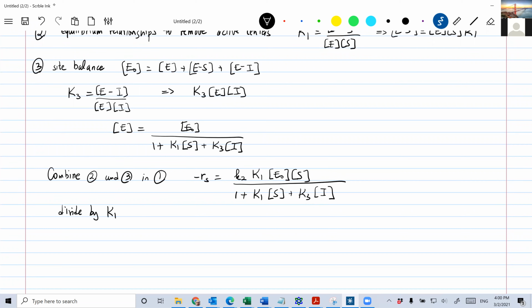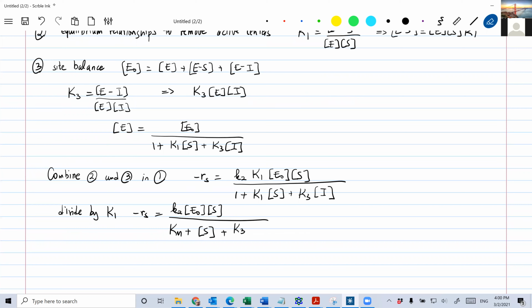So if you divide everything by K1, it's now K2 E naught S divided by 1 over K1, that's Km, plus S plus K3 over K1.